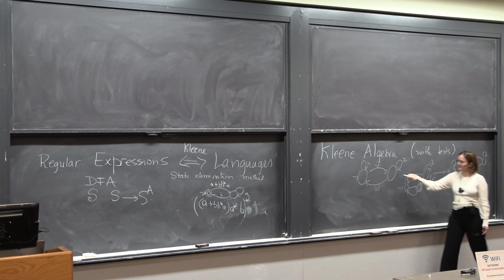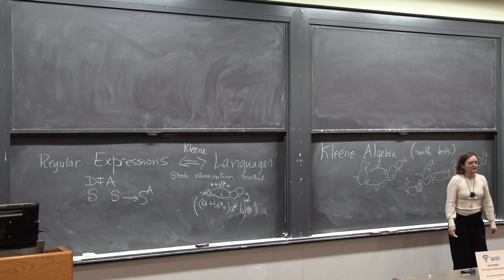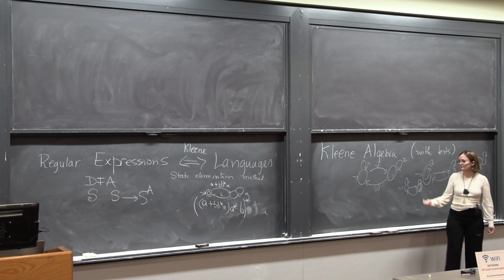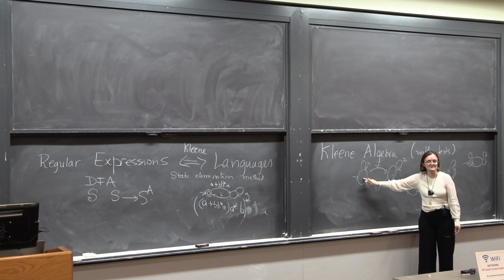So what happens in this automaton here? Who has ideas? 0. I could read the path and write a very complex expression, but then I would have to multiply it by 0 because this state is non-accepting.